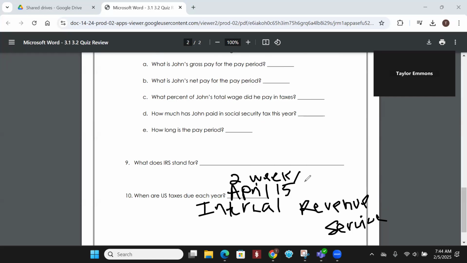They're gonna take your money. You're gonna get a penalty. Remember, you get your W-2 on January 31st, and then you have until April 15th to file your taxes. After April 15th, you start having to pay a fee.